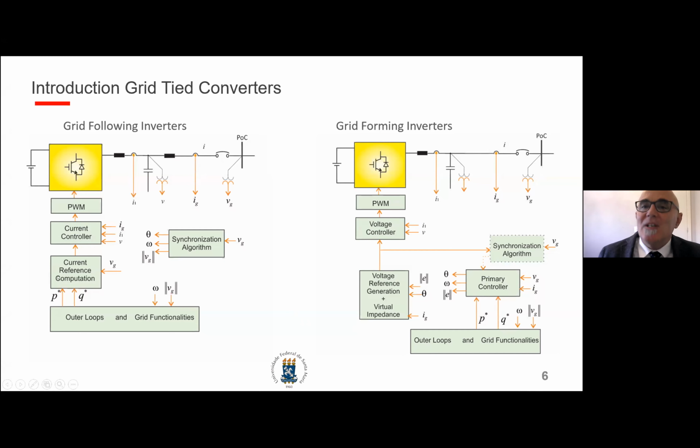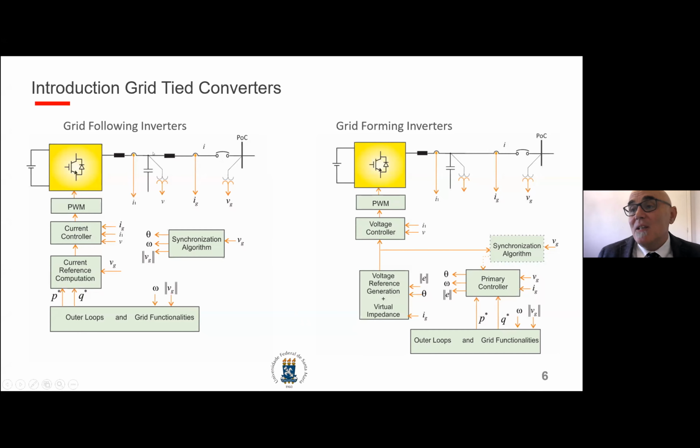The reference for the inner current loop can be generated, for instance, using the PQ theory, instantaneous power theory, and from the command of active power and reactive power, you can get the currents that will make the converter or DR exchange this active and reactive power with the grid.